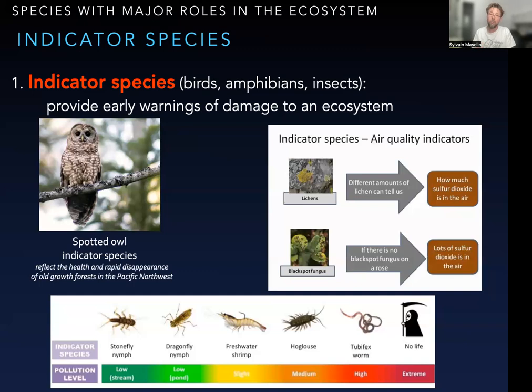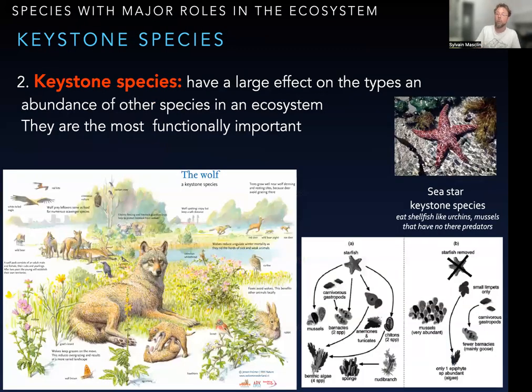You may have heard about the second type of species, keystone species. We are taking care, or at least trying to protect keystone species, because they are species with a very high impact contribution to the ecosystem, to the environment. And those species are specific. For example, in this slide, you have an example with a wolf, but you also have an example with the sea stars.